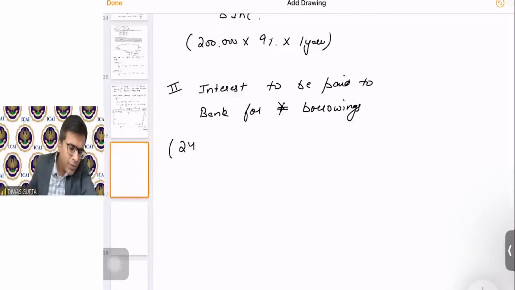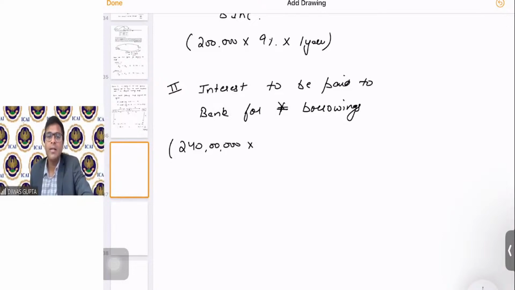That is how much? 240 lakhs, right? That means 2 crore 40 lakhs yen, right?